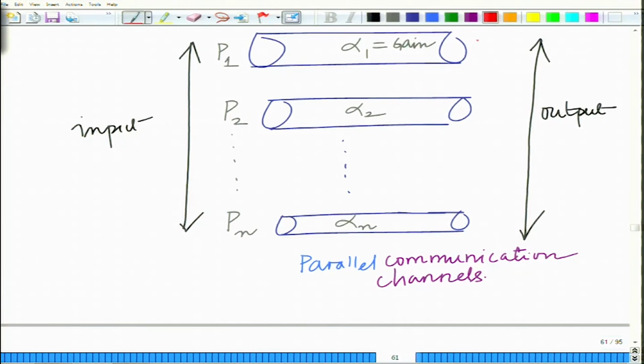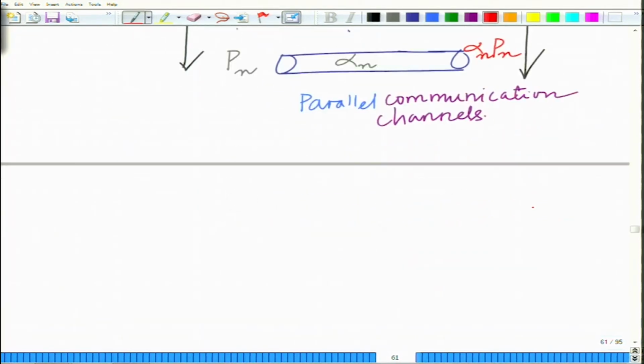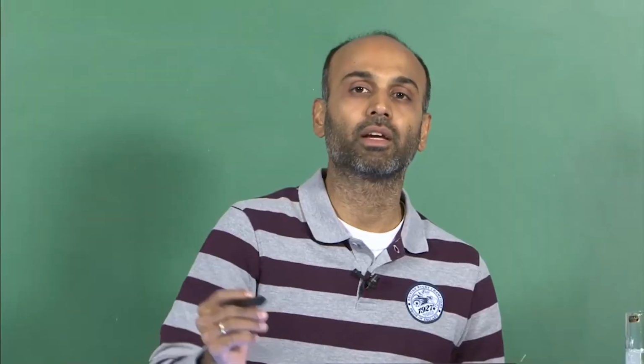The received power will be, of course, gain is alpha 1, power will be alpha 1 times P1. Similarly, across channel 2, gain alpha 2 times power P2, gain alpha n times power Pn. So, what this means is you have a set of n parallel channels. Across each channel i, the input power is Pi, the gain is alpha i. So, the output power is alpha i times Pi.